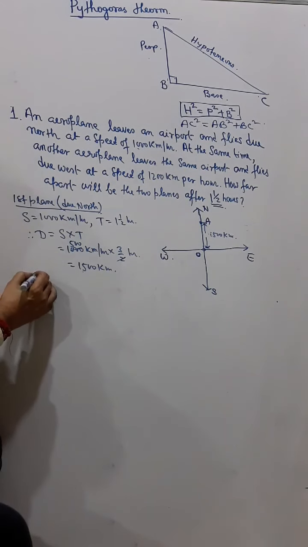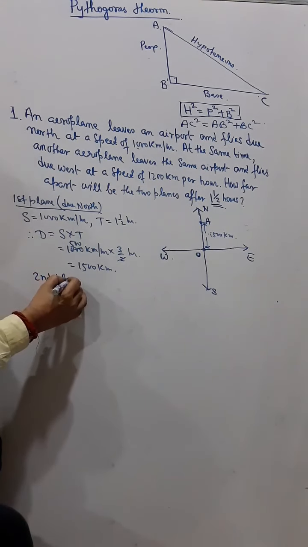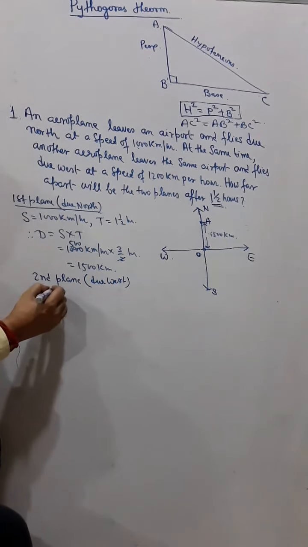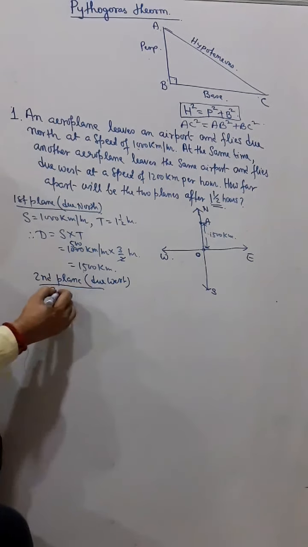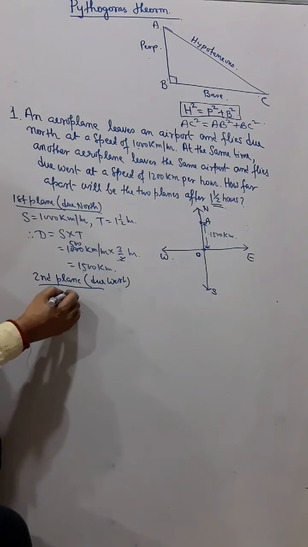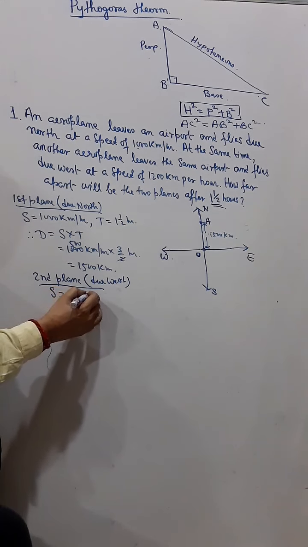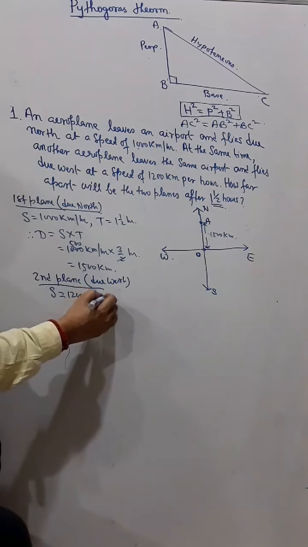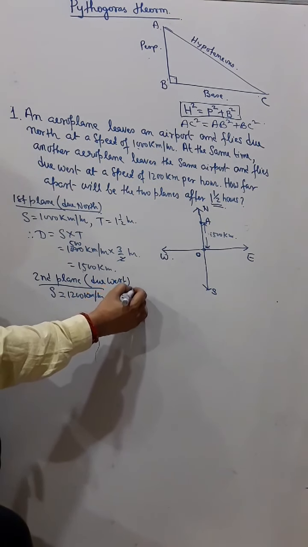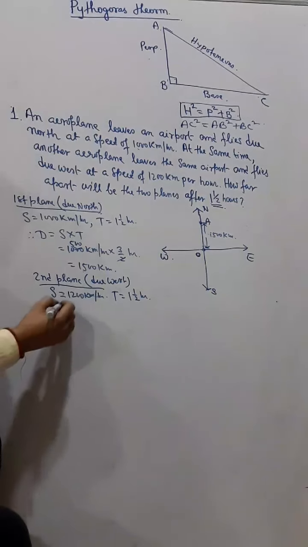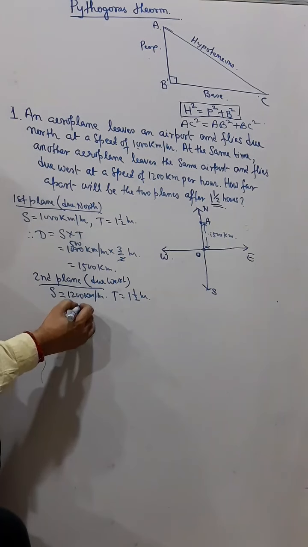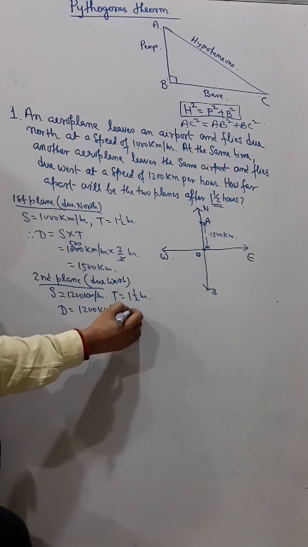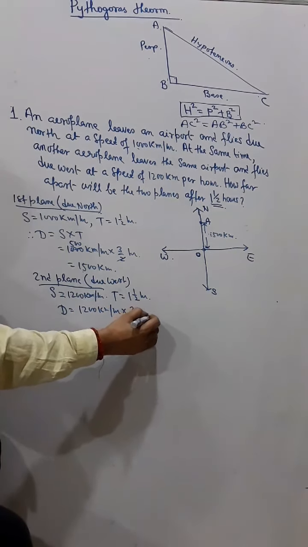Now for the second plane, which is traveling due west, the speed is given as 1200 kilometers per hour, and the time is also 1.5 hours. So again, distance is speed into time, so 1200 kilometers per hour into 3/2 hours.